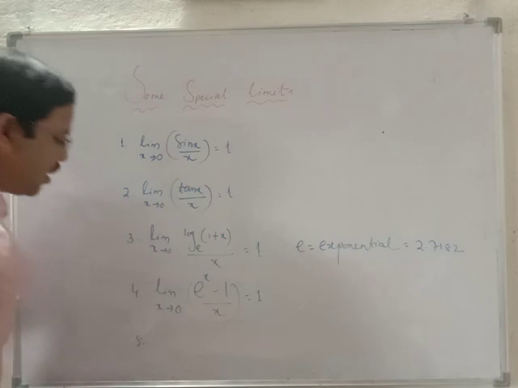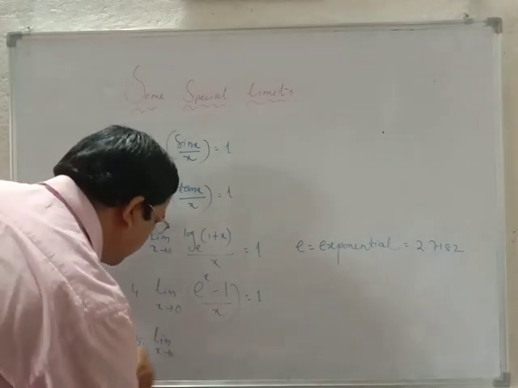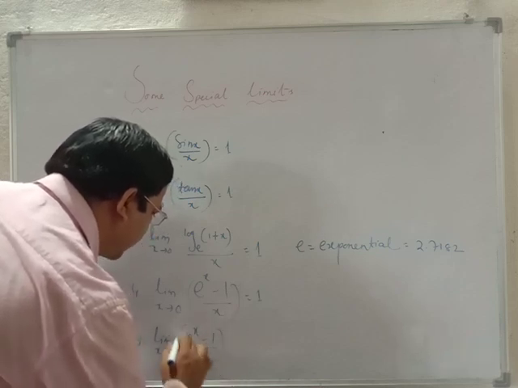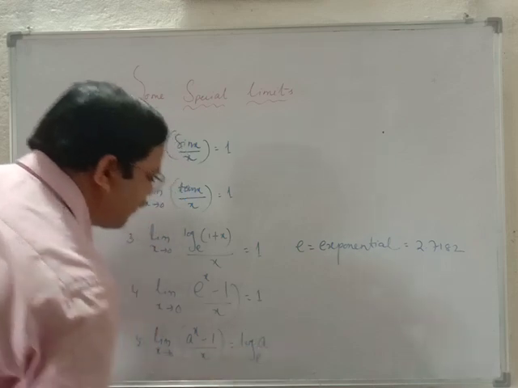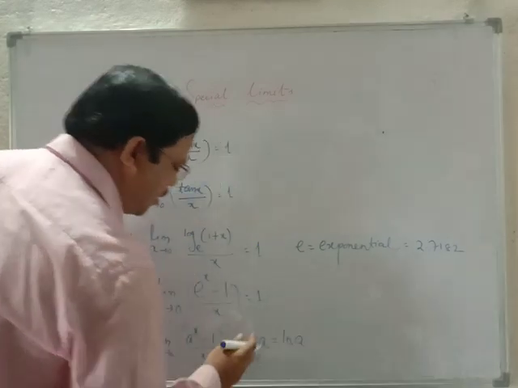Number 5, limit x tends to 0, (a to the power x minus 1) by x is log base e of a. This log base e can be written as ln.